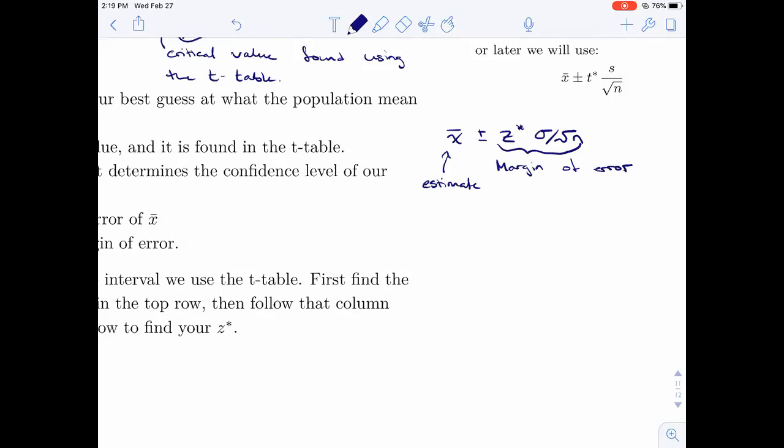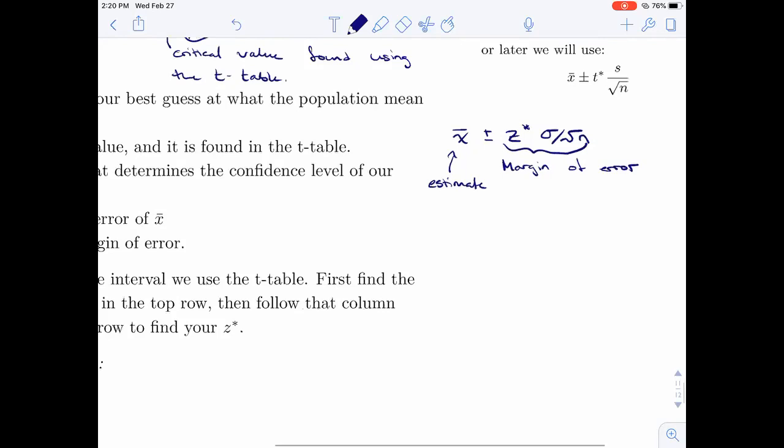We've got our estimate plus or minus T star, which is also a critical value, just like the Z star, and we actually find it the same. And then instead of sigma, we have S in terms of calculations. Okay? All right.